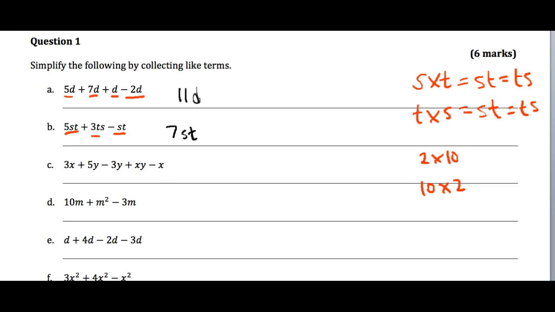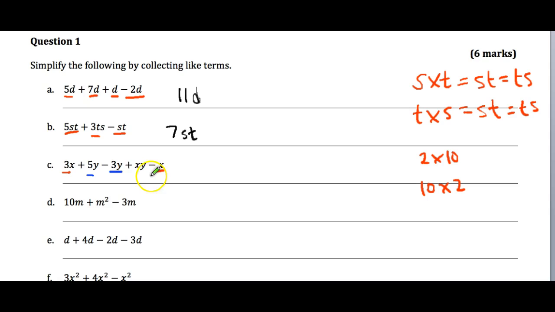All right, the next one, we've got a few different like terms here. I'm going to underline any x's in red, and we've got an x here, but there's also a y. So they're not like terms because of the y there with it. Then we've also got 5y and negative 3y, and our last term is xy.